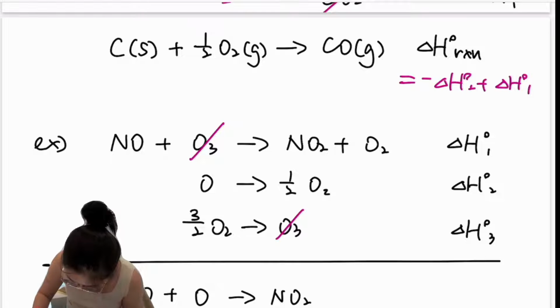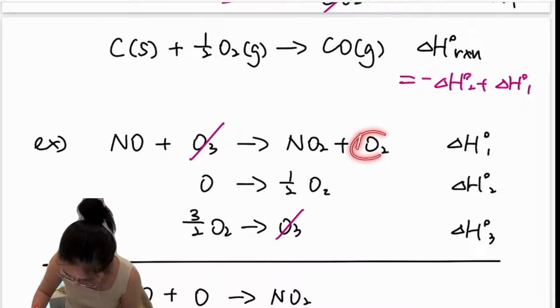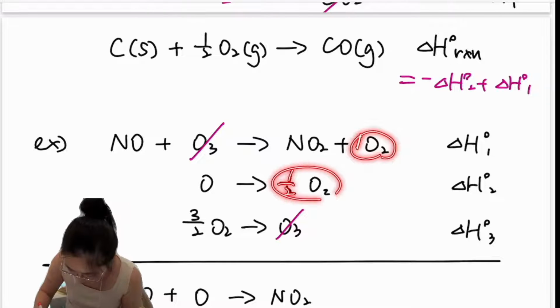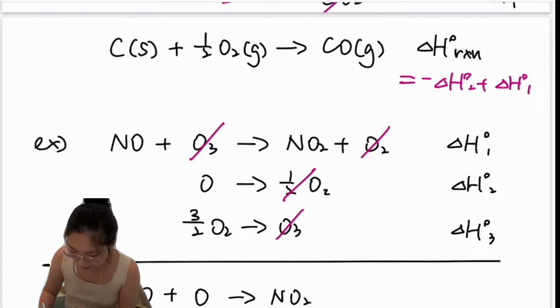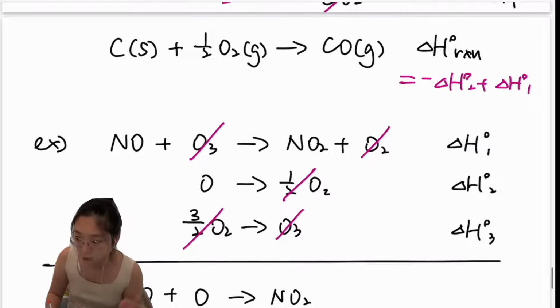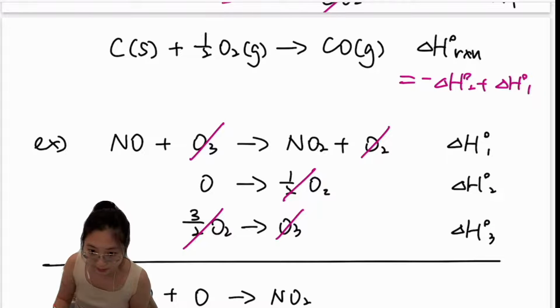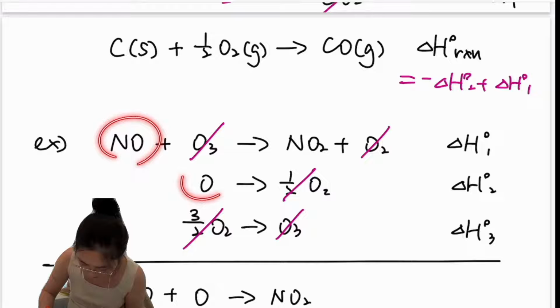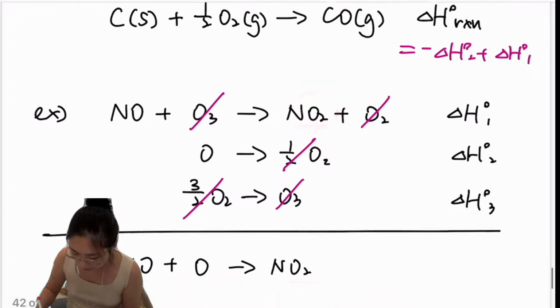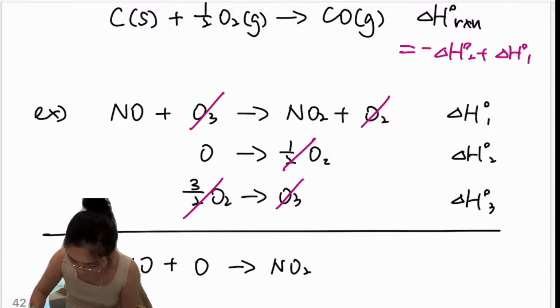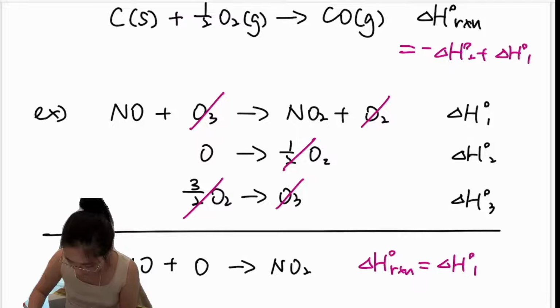And then 1 mole of the oxygen, another 1/2 mole of the oxygen, they add up to 3/2 moles of the oxygen on the product side. They are canceled out with, again, 1.5 moles of the oxygen on the reactant side. So eventually you have only nitrogen monoxide and oxygen atom on the reactant side, nitrogen dioxide on the product side. So again, for this reaction, how you calculate the delta H is simply just adding up the enthalpy change for each of the step or for each of the reaction.